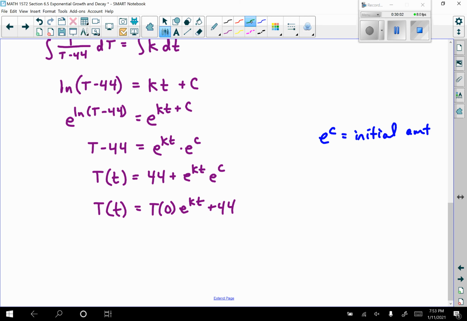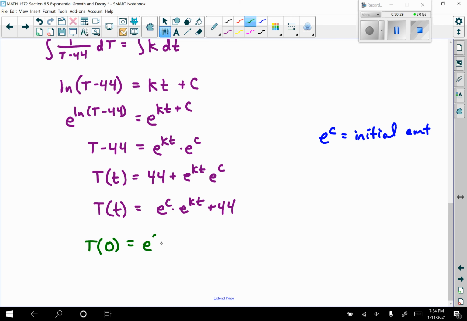So we could use that now to help us find K, or this initial amount. So we're going to have T of 0. Actually, I'm going to go back, just because I'm using this T of 0 here, I want to just call this the e to the C so that doesn't get too confusing here. So we'll just still call this e to the C.